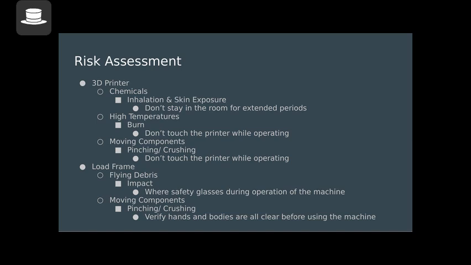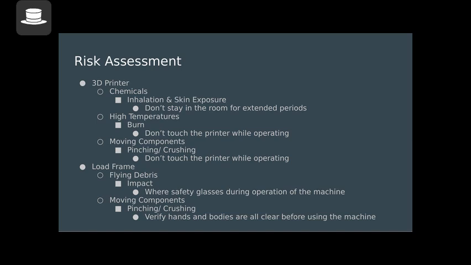As for the load frame, there is the risk of flying debris. As you're doing a compression test, the sample could always become dislodged and move out from underneath the load frame. In order to minimize this, all of the participants in the experiment were wearing safety glasses while the machine was moving.